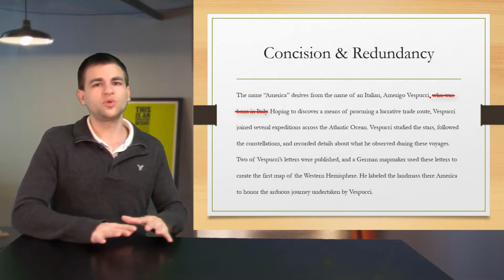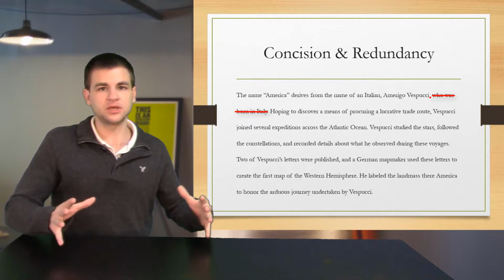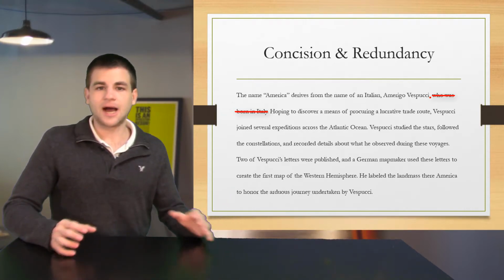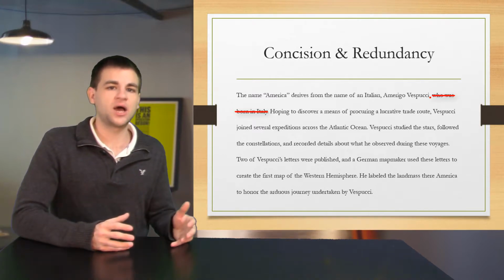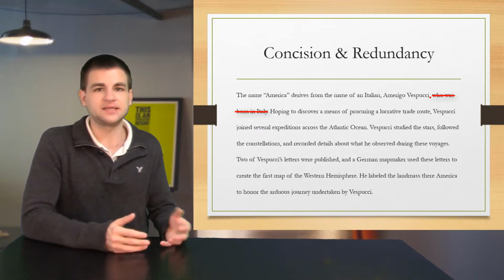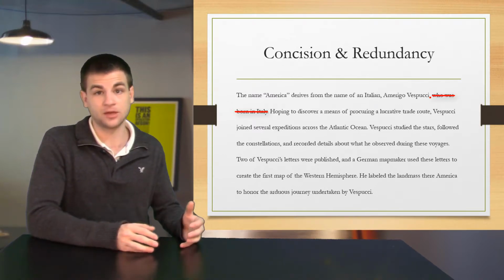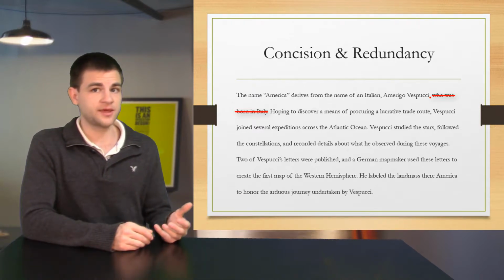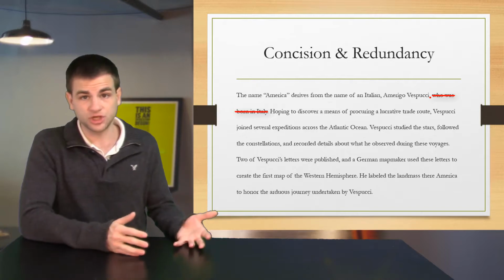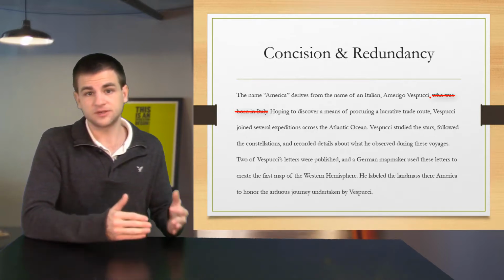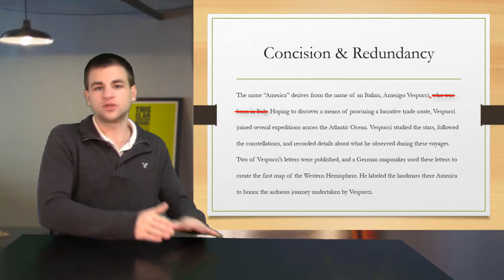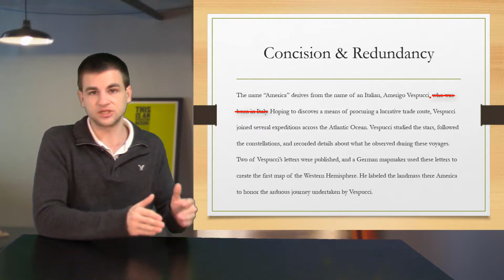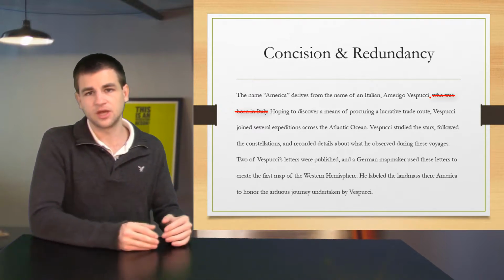Whenever you have these bulky, excessive phrases, I like to boil it down to the basic idea. What are we trying to say with that phrase? In this case, we're trying to say that Vespucci is hoping to find a trade route. That's really the most concise phrasing we can use.